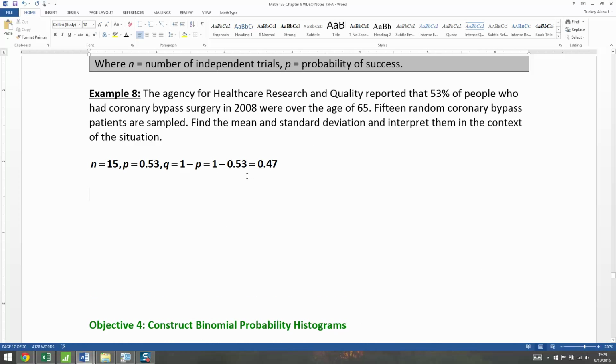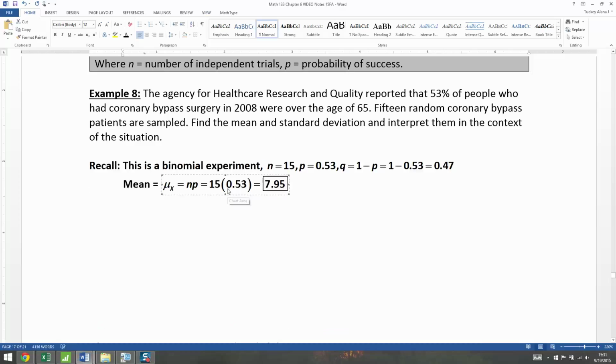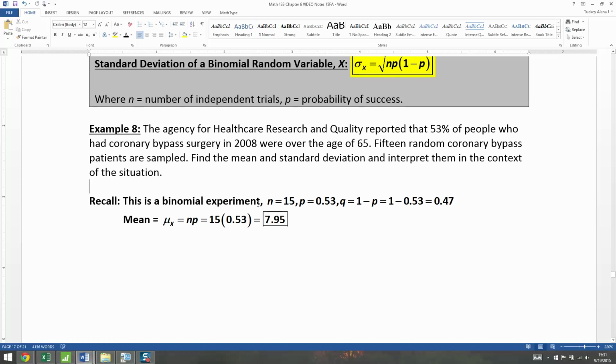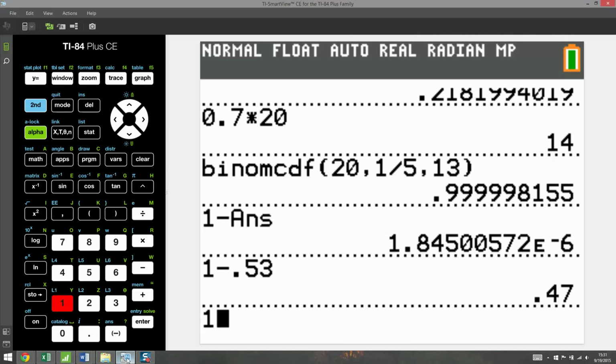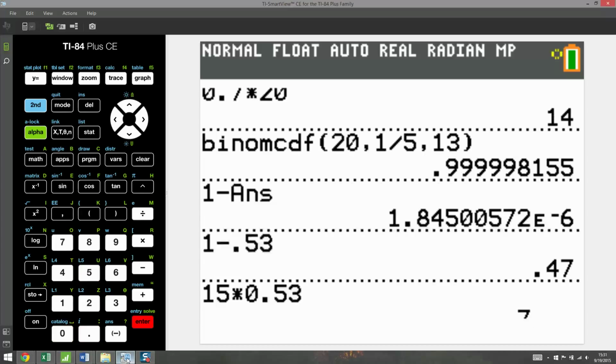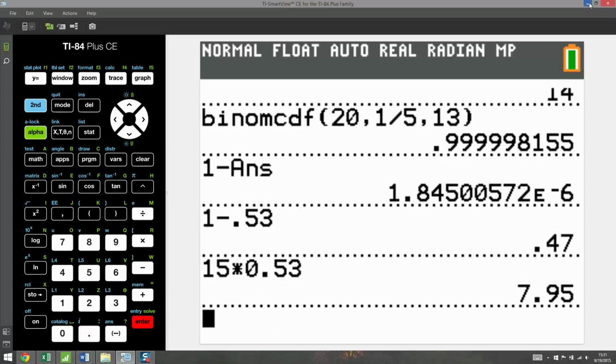So the mean will be mu, and n is 15, and p is 0.53. I just wrote a little note in here to remind you that this is a binomial experiment. So I would just grab the calculator, 15 times 0.53, and sure enough, you get 7.95.